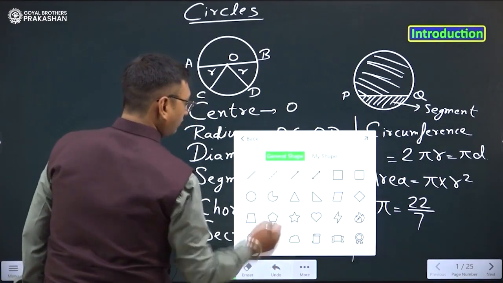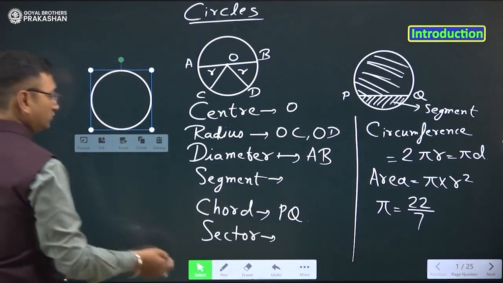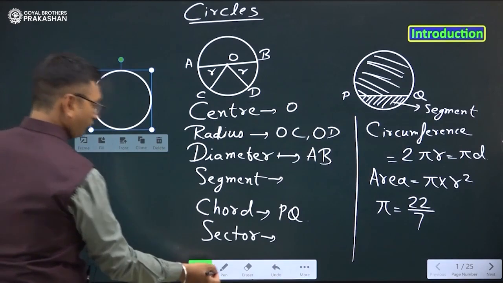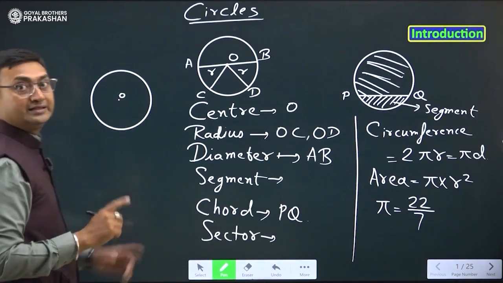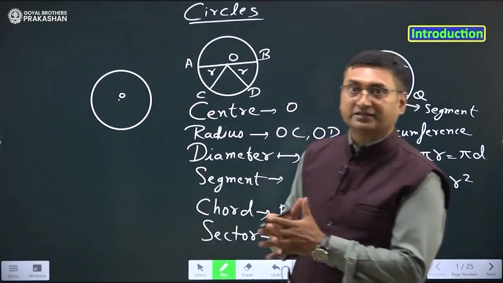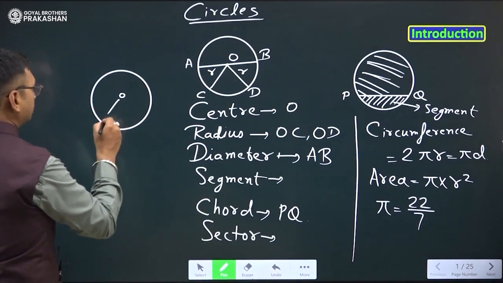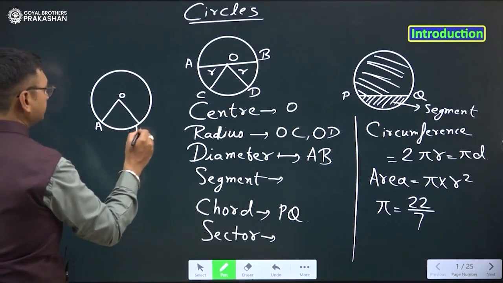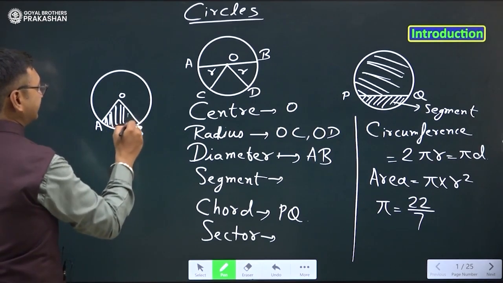If we go for the sector, let me draw one more circle so that it will not be a complex figure. Let's say we have a point O, that is center O, and sector means the area between two radii and the circumference of the circle, means this and this. Let's say this is A, this is B. So this area is the sector.